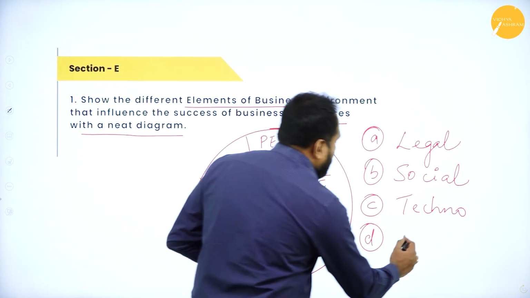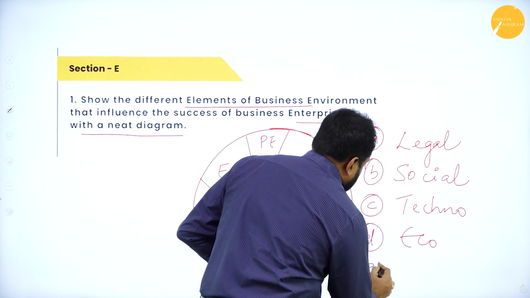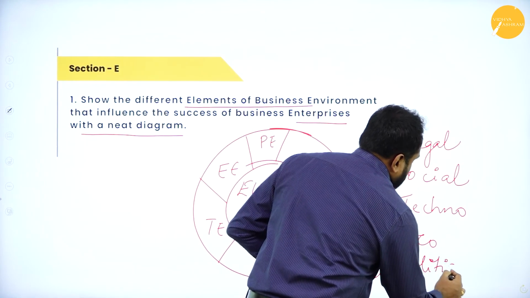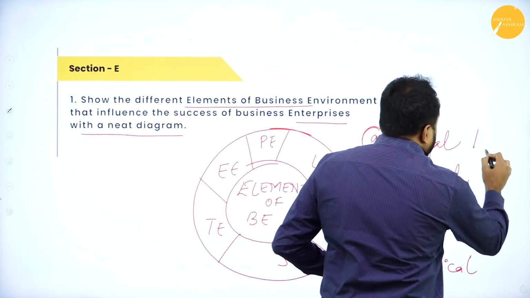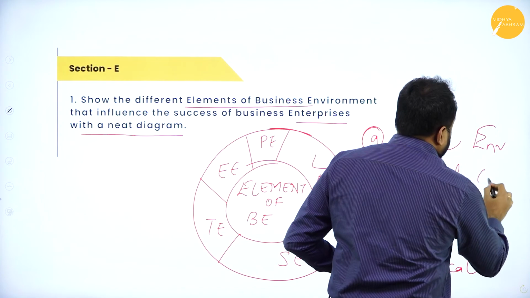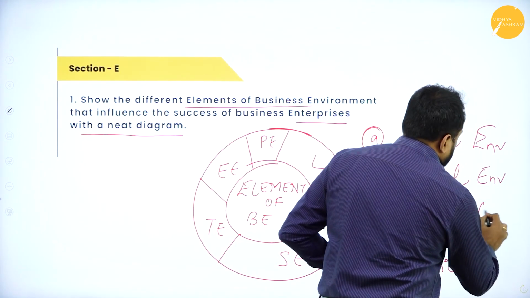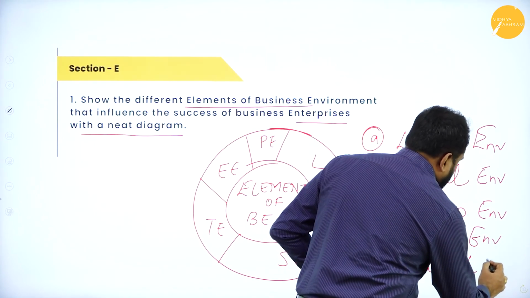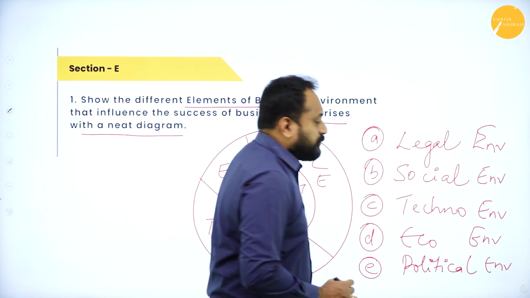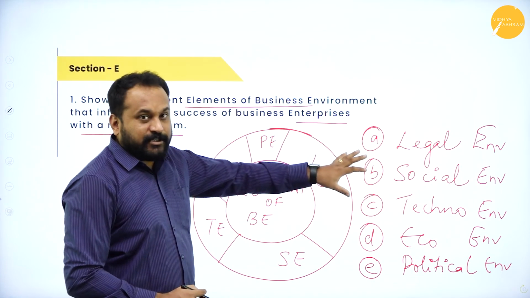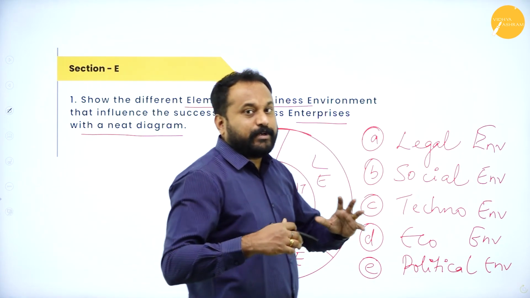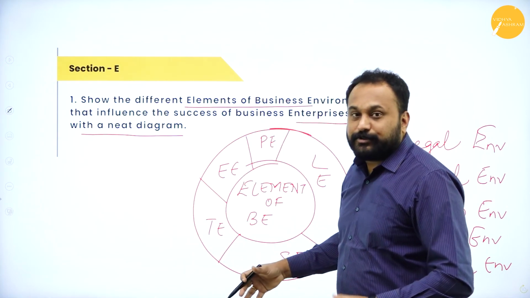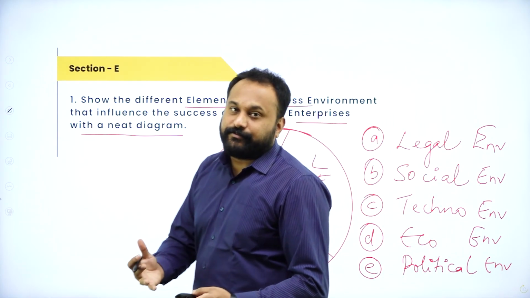E for economical, then E for political. And everywhere you are supposed to write environment. Here also you need to write environment. Here also environment. So these are the elements of business environment which will influence the business. So here, this is what you are supposed to write, and you will be getting 5 on 5 for a POQ question.